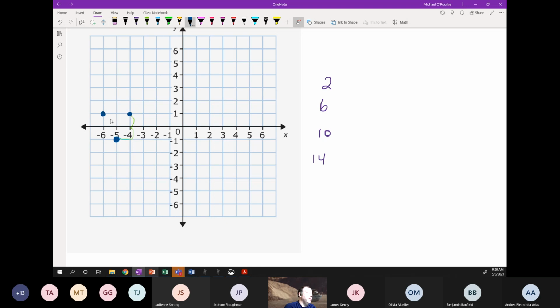Now my next step is 6. That means I'm going to go over 1, and this time up 6. 1, 2, 3, 4, 5, 6. That's where my next dot's going to go. And it's going to look the exact same on this side. And now I can draw my parabola.